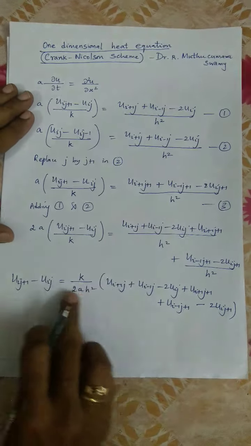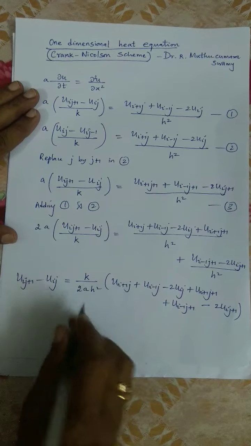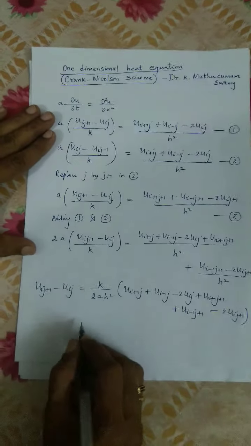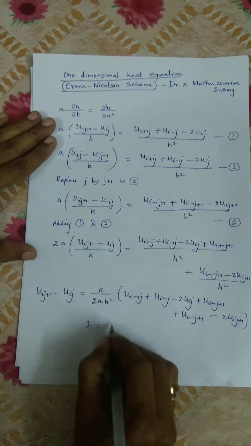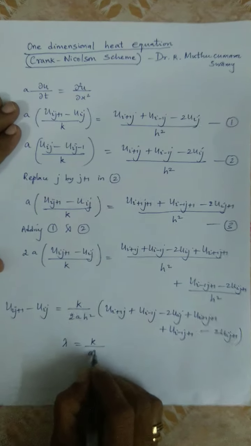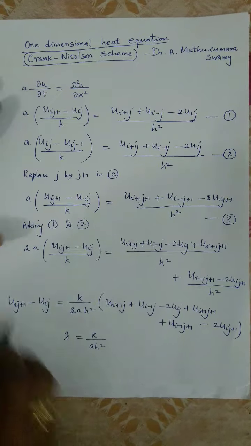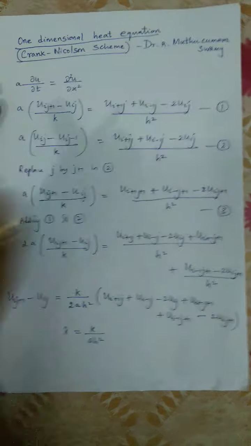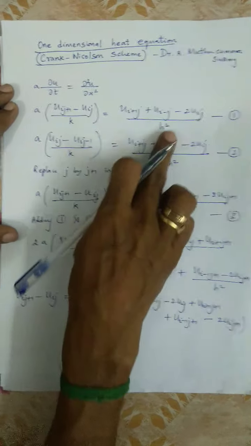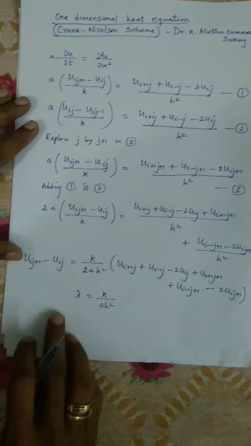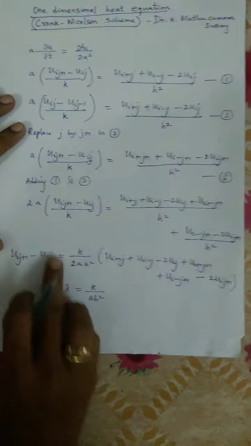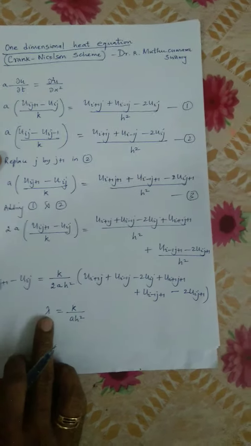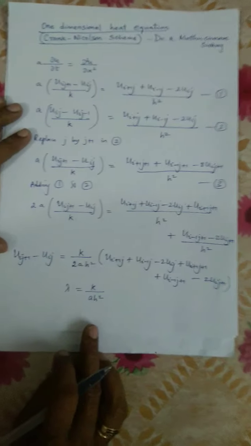I'm going to take this entire thing in terms of a constant, as we have done in the Bender-Schmidt scheme. So lambda is set to k divided by ah². Of course a is a constant, k is the step size along the time direction, h is the step size along the x direction. By setting this proportionality constant, modifying this way, lambda.